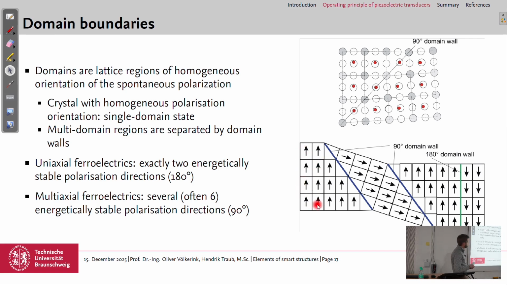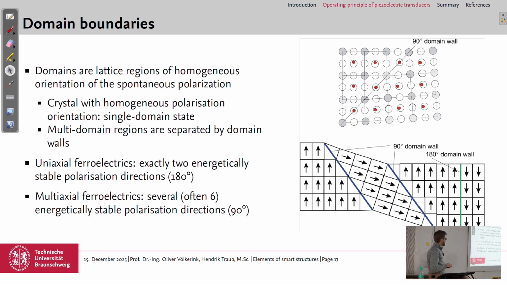Here it's in this direction, here it is down, up, here down again, and between these domains we again have domain walls, which could be 90-degree domain walls. So it's nearly 90 degrees between these polarization directions. And here we have 180-degree domain walls, so polarization in this direction, and on the other side of the domain wall, polarization in the other direction.